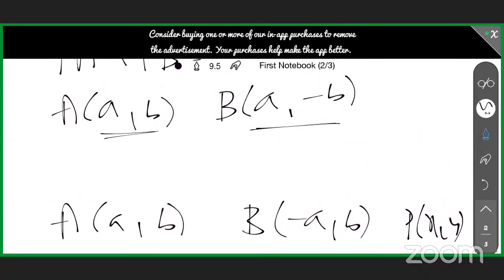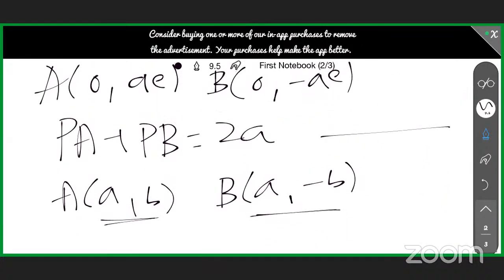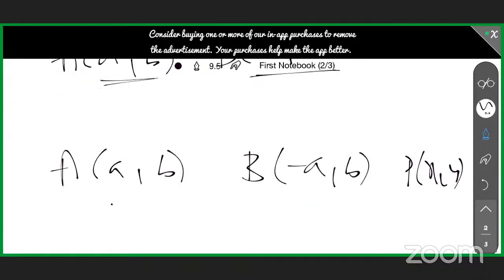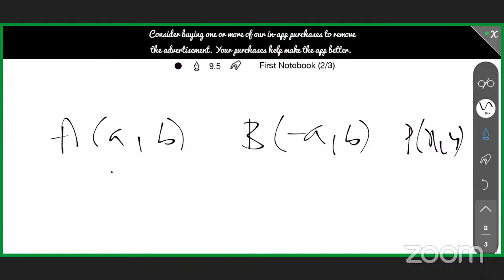Yes, look at the question. My question has a comma b and a comma minus b, not minus a comma b. So I can't use the formula I thought. I'm teaching you a new equation now. So A is equal to a comma b and B is equal to a comma minus b, and the point is x comma y.